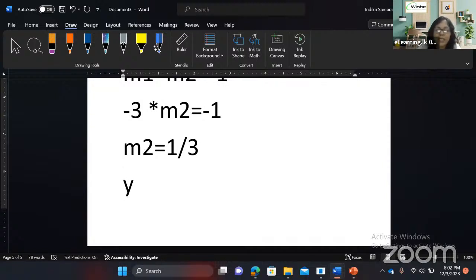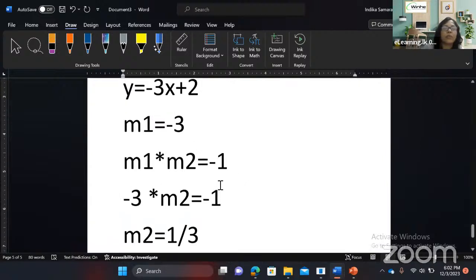Therefore, you can write the equation of the perpendicular line as y equals 1 over 3 x plus c. It is a straight line, in the form of this, right?